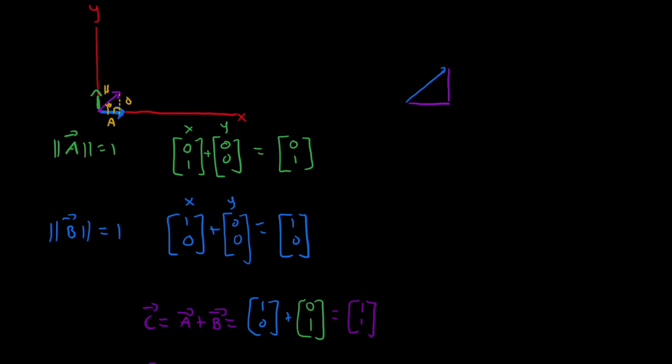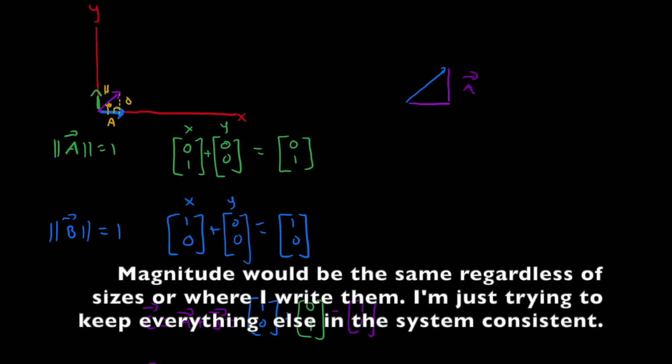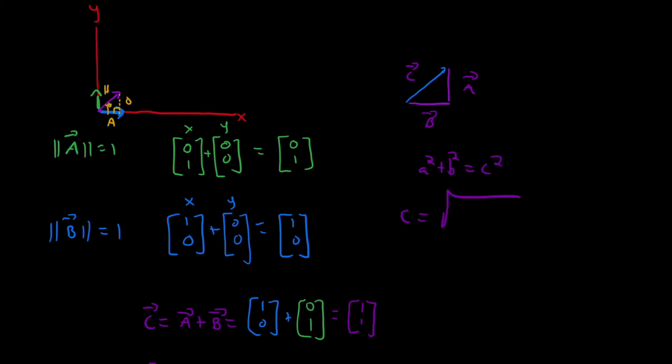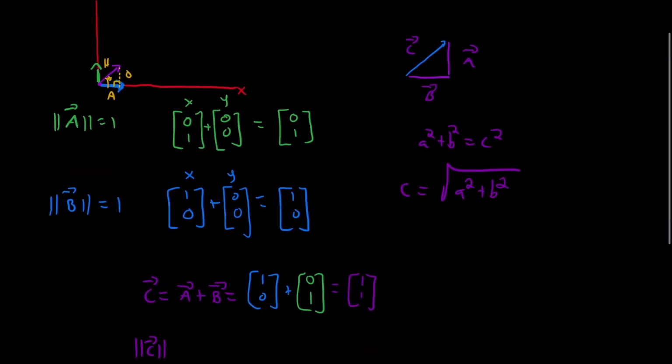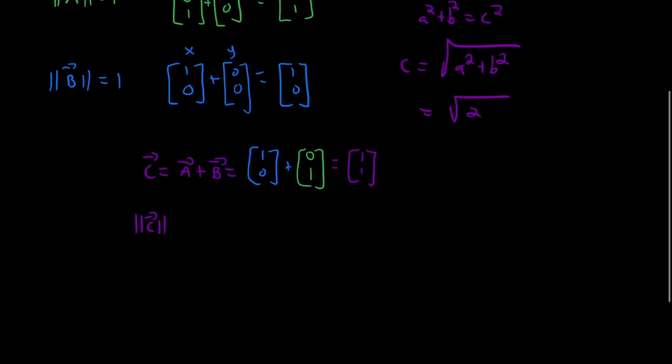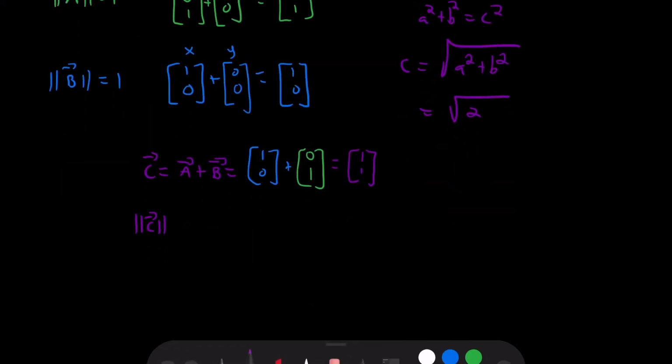So let's improvise and say that, we'll keep using that triangle, this was vector A. It doesn't matter, they're all the same size, and this was vector B, and then this is vector C. Becomes a Pythagorean theorem thing, where you know that A squared plus B squared is equal to C squared, so C is equal to the square root of A squared plus B squared. They both have a length of 1, so we just know it's the square root of 2. So the magnitude of C is the square root of 2.